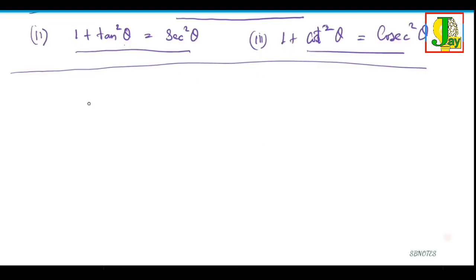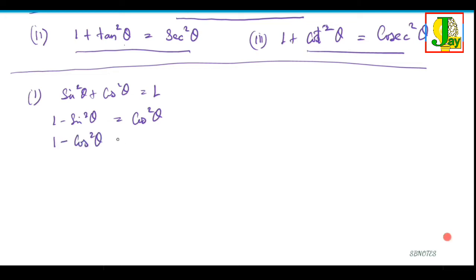Now if you rearrange all these three identities, you get two more identities of each type. Suppose sin square theta plus cos square theta equals to 1. We can rearrange and write 1 minus cos square theta equals to sin square theta. So you can use any of these identities.